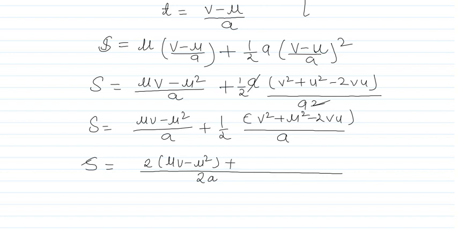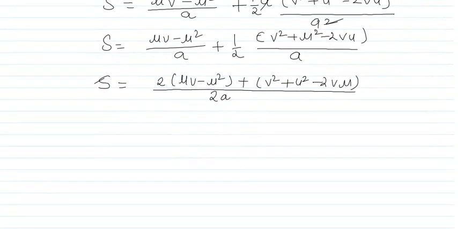Now s will be 2uv minus 2u square plus v square plus u square minus 2vu upon 2a.